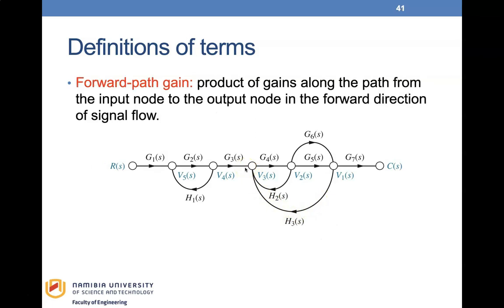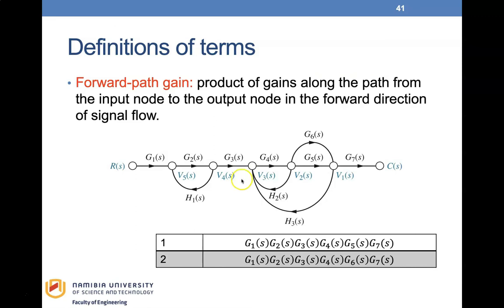The next component in the formula is the forward path gain. This is the product of gains along the path from the input node to the output node in the forward direction of signal flow. For this example, we have 2 of them.